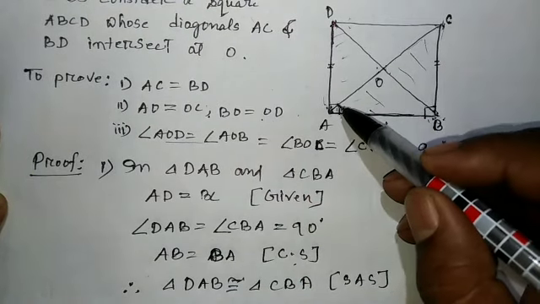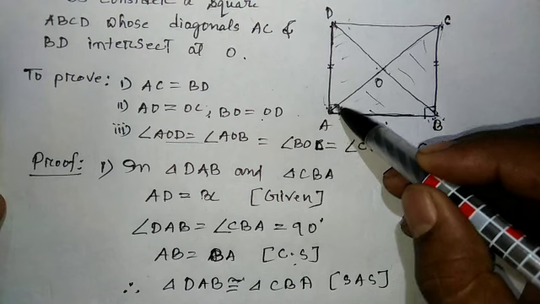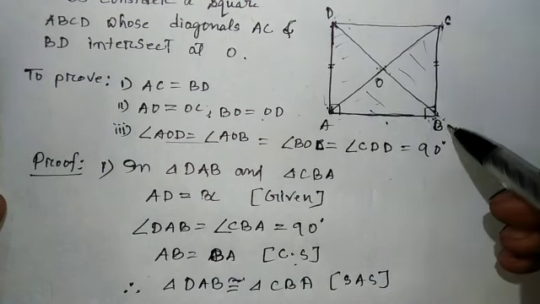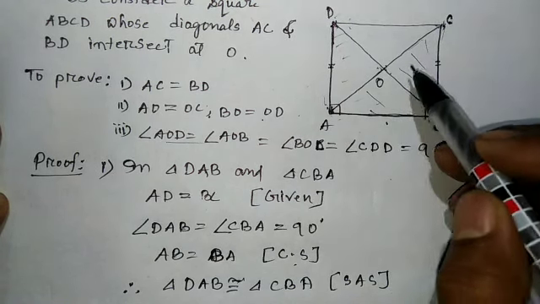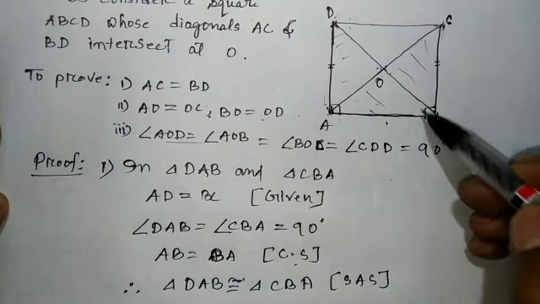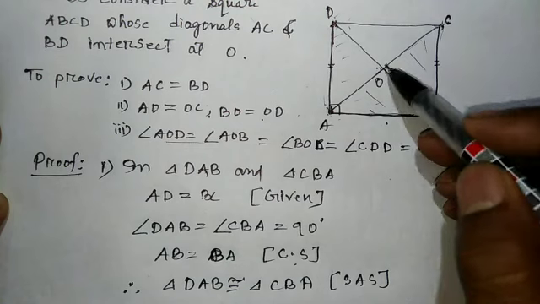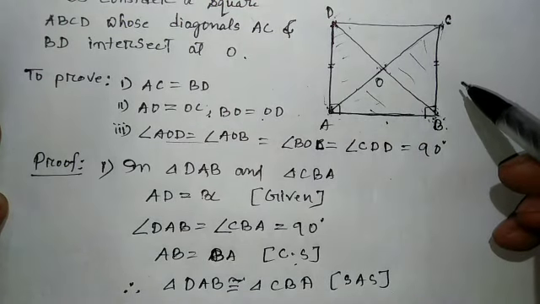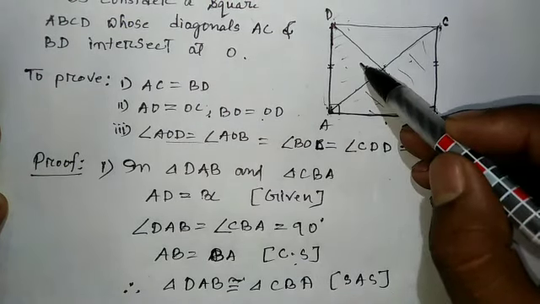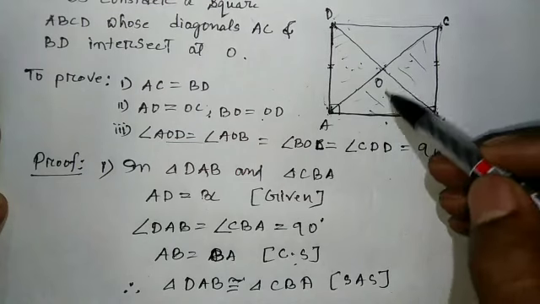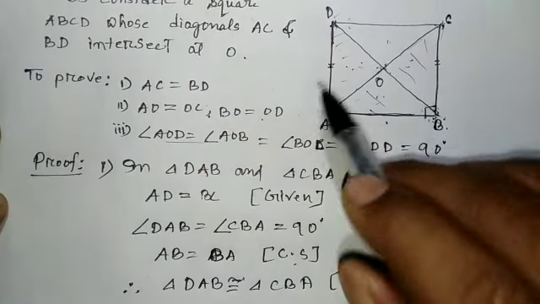So if we take these two triangles AOD and COB, then all the sides, AO, CO, BO and DO, will come. So we have to choose either these two triangles or these two triangles for the second part.